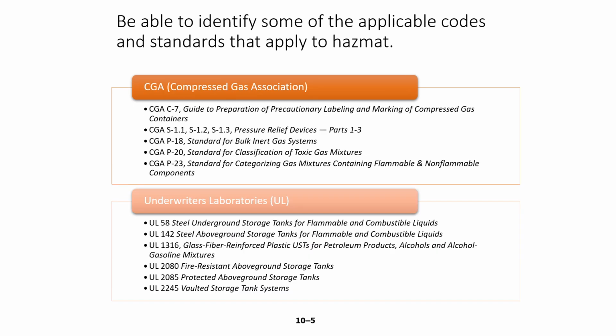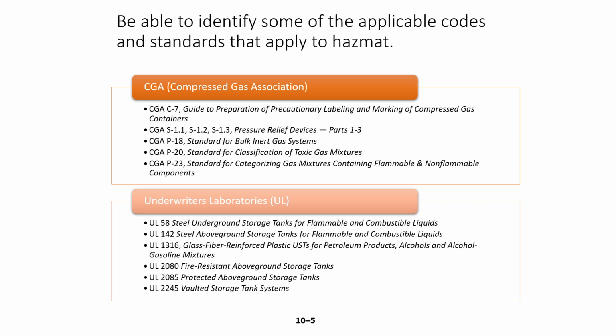Two more organizations relevant to evaluating and determining adequacy of a hazardous material product or process are the Compressed Gas Association, CGA, and Underwriters Laboratories, UL. They have their own guides or standards when it comes to hazardous materials, depending on what they are.